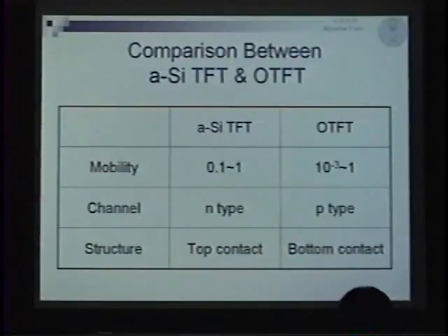For the channel type, the amorphous silicon has only an N-type. P-type amorphous silicon exists, but its mobility is very low, lower by 2 orders of magnitude, so I mean 10 to the minus 3 or something.